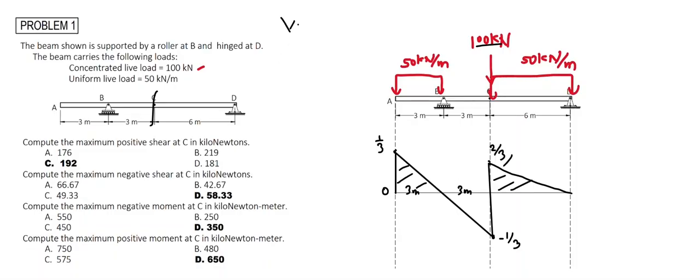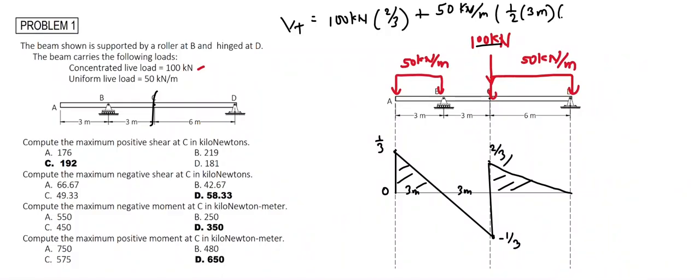So the maximum positive shear is equal to 100 kilonewton times 2/3 plus 50 kilonewton per meter multiplied by the area of this triangle, that is 1/2 times the base of 3 meters times the height of 1/3, plus the uniform load 50 kilonewton per meter multiplied by the area of this triangle, that is 1/2 times the base of 6 meters times the height of 2/3.